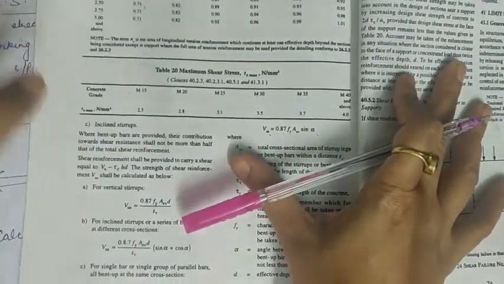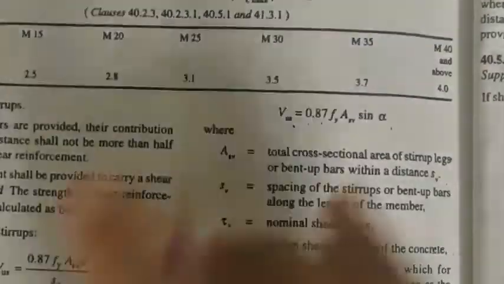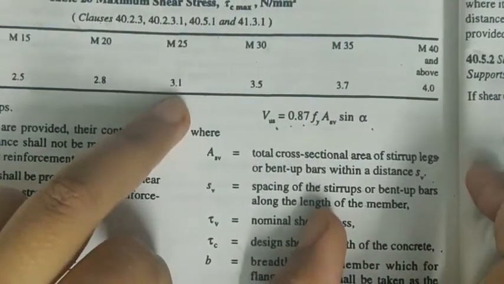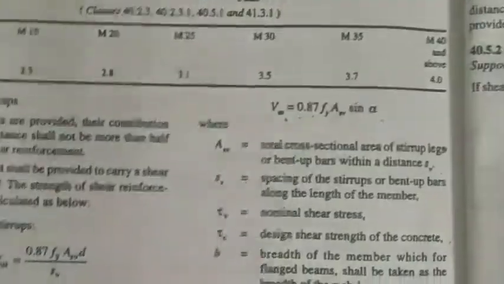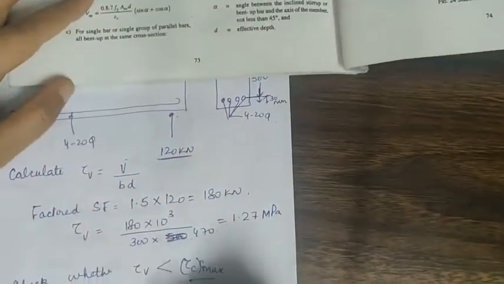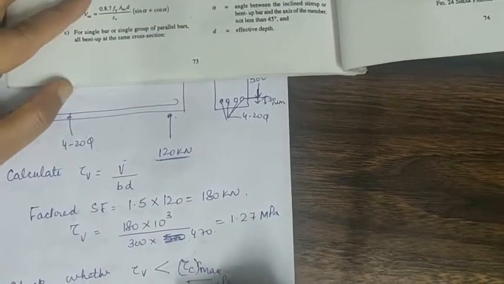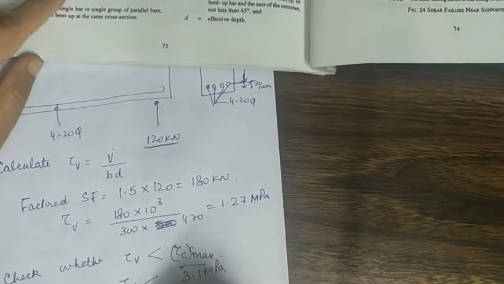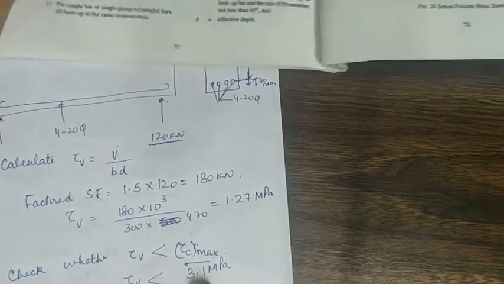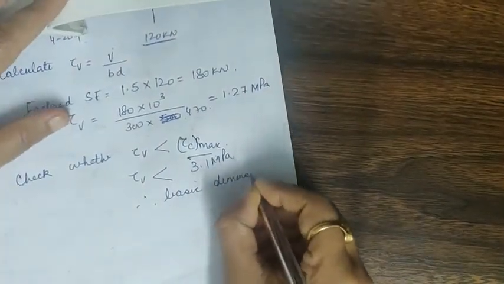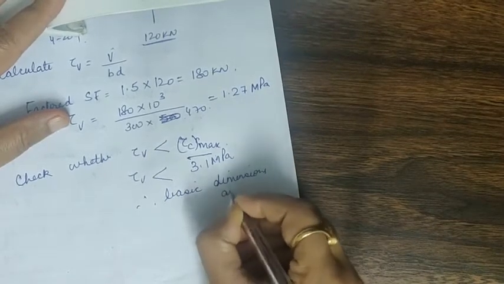We are using M25 concrete, so table 20 gives the value of tau C max as 3.1 megapascal. Our tau V is less than this value, so the basic dimensions are okay.